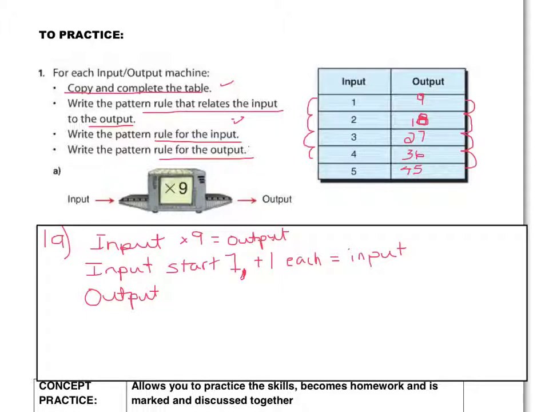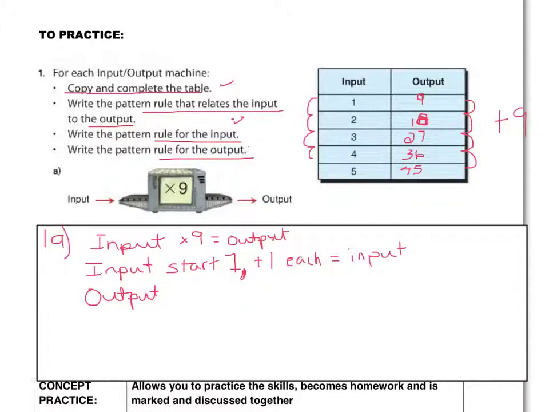Well, 9 plus 9 is 18, so let's try that. 18 plus 9 is 27. 27 plus 9 is 36. If it works for at least 3, and you must try a minimum of 3 in order to determine that this pattern does in fact fit, we could say that we are adding 9 here.